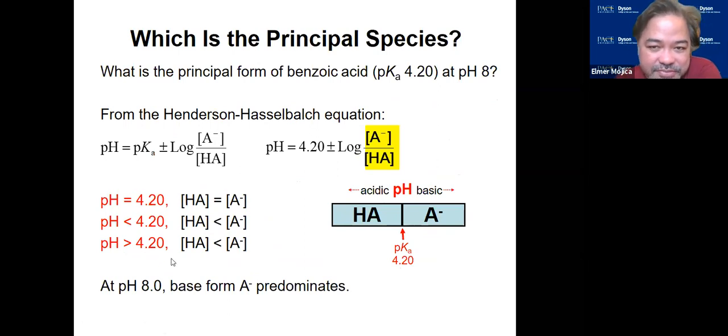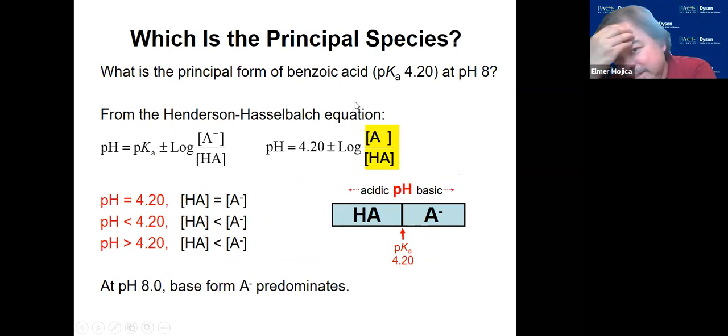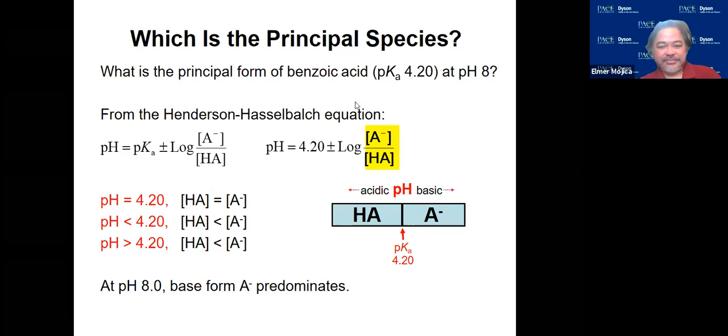So for instance here, what is the principal form of benzoic acid which has a pKa of 4.20 at pH 8? So what does it mean? Benzoic acid, you only have two forms. It can be HA or A minus. Now, the pKa that you have there is 4.20. At 4.20, you have equal amounts of your HA and A minus.